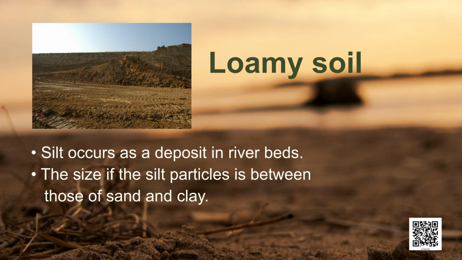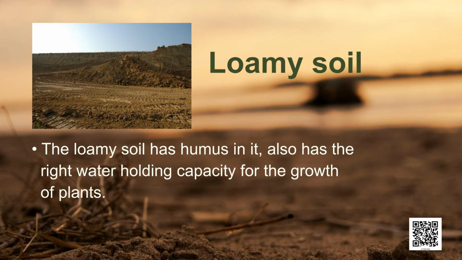Silt occurs as a deposit in riverbeds. The size of silt particles is between that of sand and clay. The loamy soil also has humus in it. It also has the right water holding capacity for the growth of the plants.